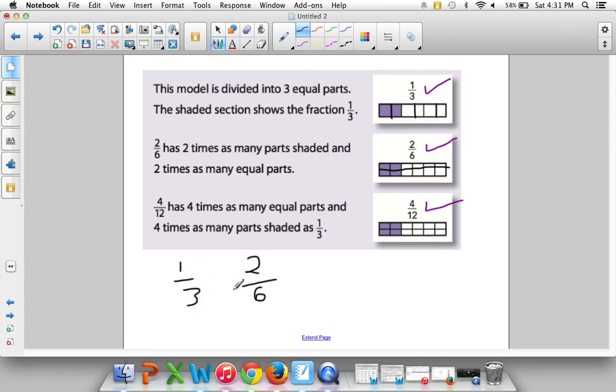The same thing is happening here. 1 times 2 equals 2, and 3 times 2 equals 6. So you can see that if you multiply the top, the numerator, and the bottom, the denominator, by the same thing, you will create a brand new equivalent fraction.